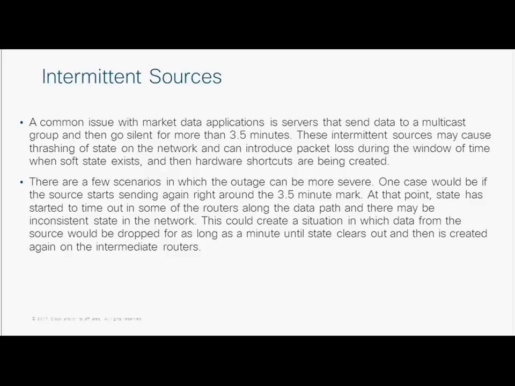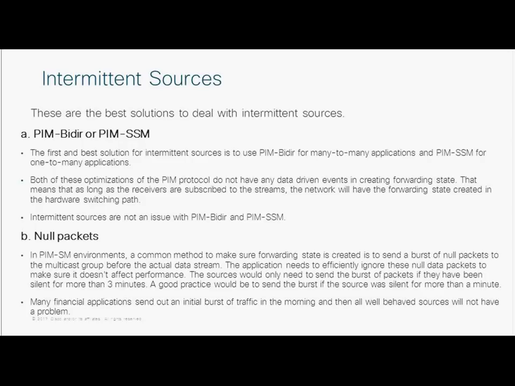If you have several sources in the network doing the same at the same time, this could cause a CPU issue for the network. The recommendation is that we can use PIM-BIDIR for many applications, and the optimizations are to keep the states created in the network and not flush them.